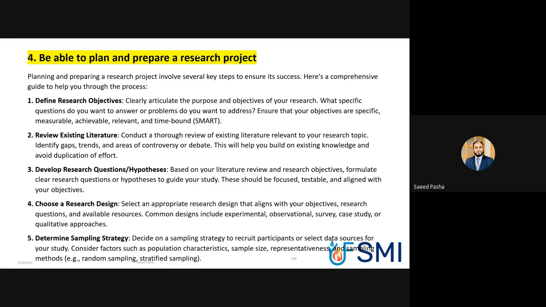So choose a research design, as we discussed earlier. Design means what is your objective, what is the research question, and what are the available resources. Common designs include experimental, observation, survey, case study, or a qualitative approach.